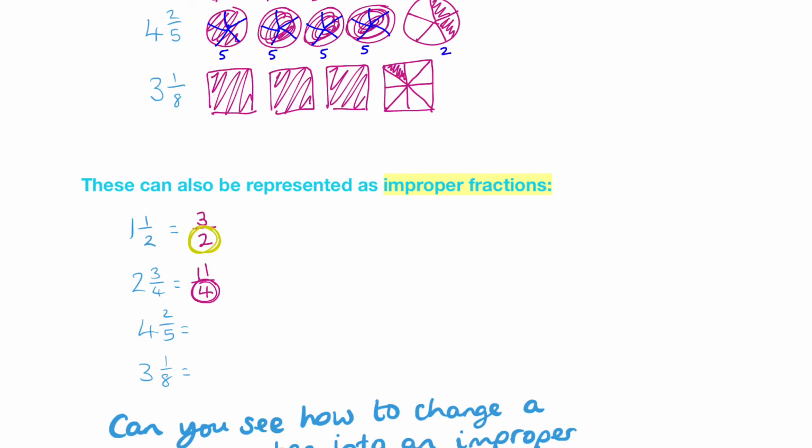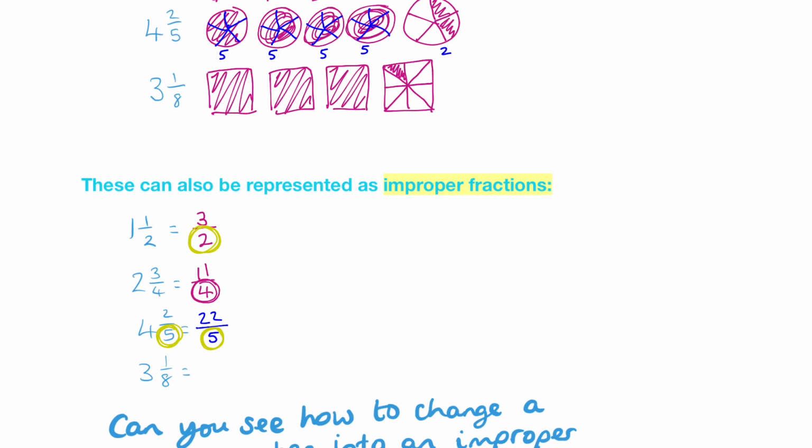So altogether, we've got 4 lots of 5, so that's 20, and 2 makes 22/5 altogether. And again, look and see that the number on the bottom of the fraction there is exactly the same as the number on the bottom of the fraction there. So the denominator doesn't change.